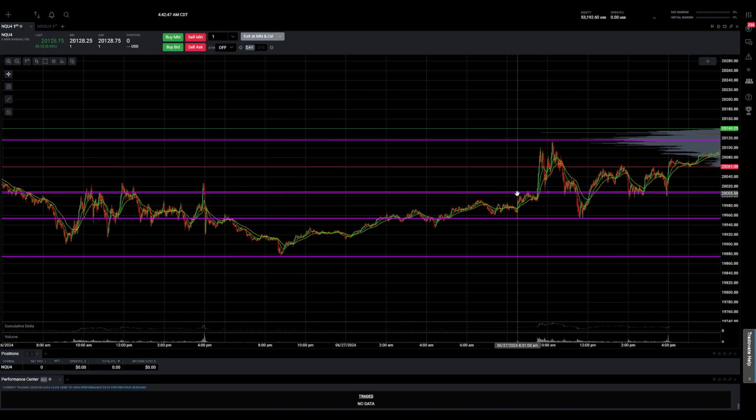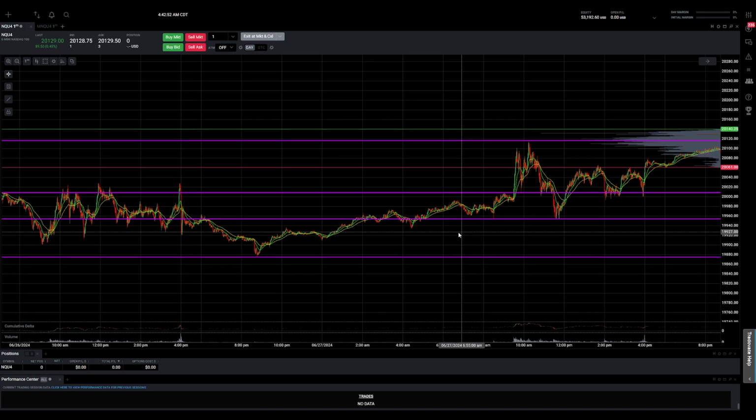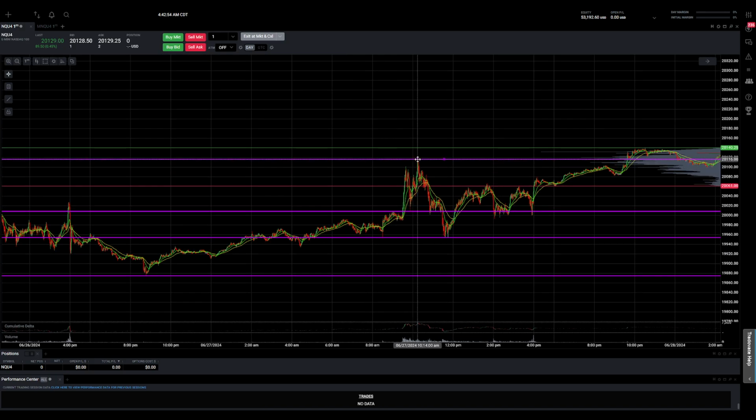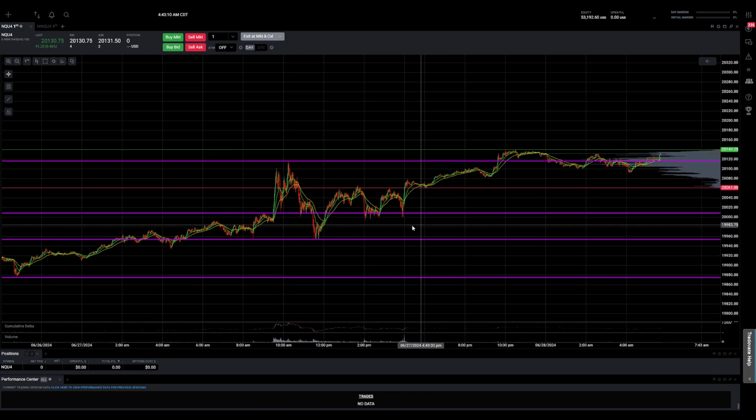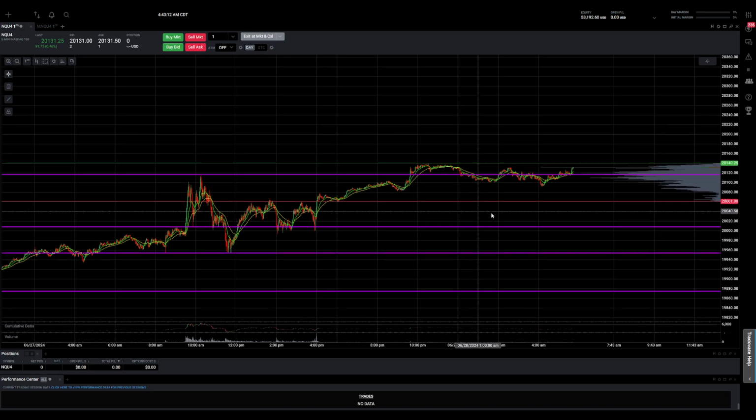So I drew out two horizontal lines for that value. And then just over here, I drew out the high of the market that printed from around 9:30 to 4 p.m. That's the overall market. So I drew one right here at the top, and then one at the low. And then all of this will be a reference to my next trading day.